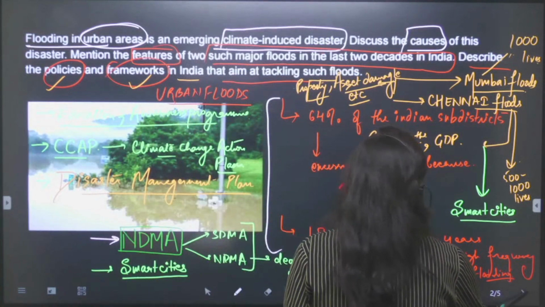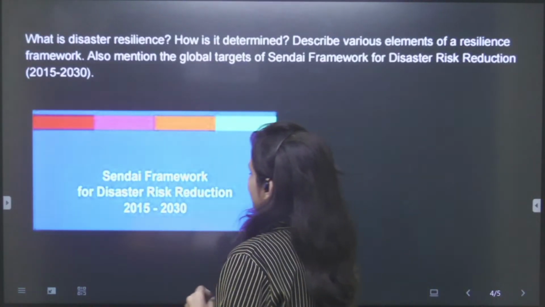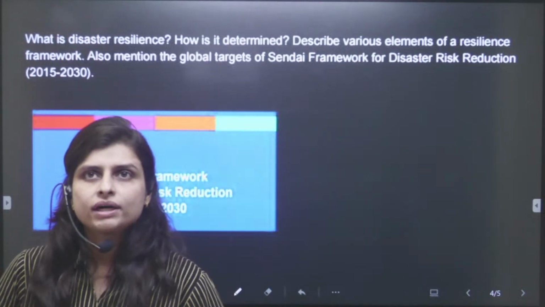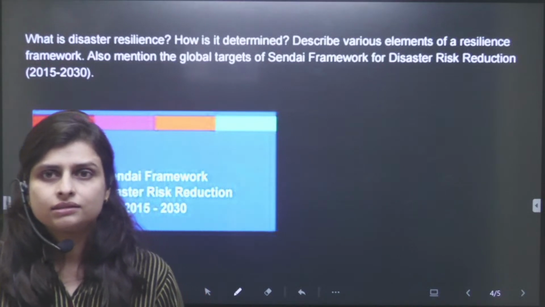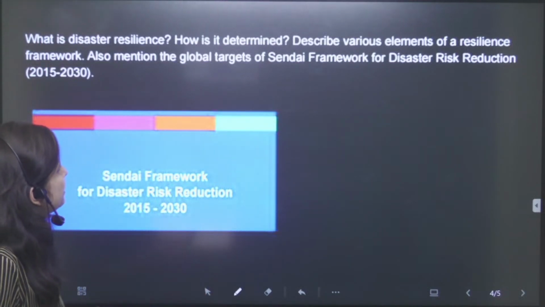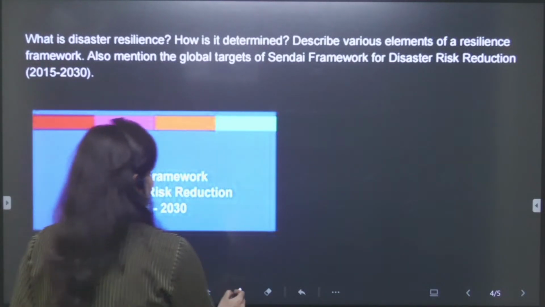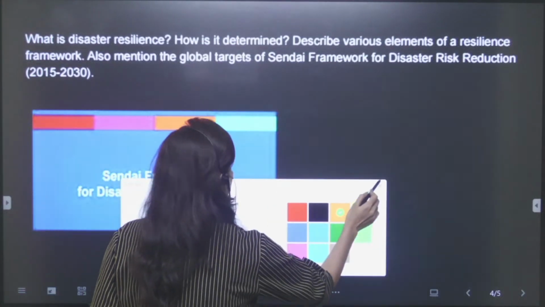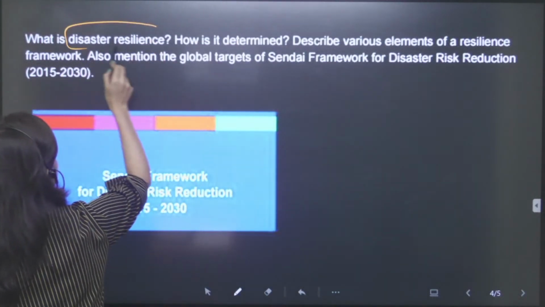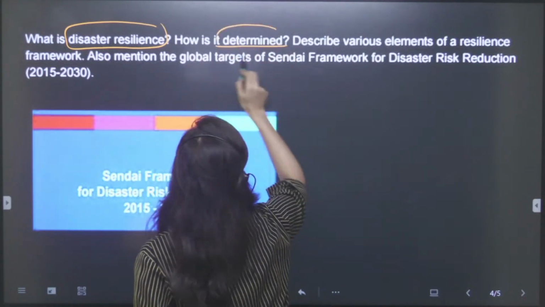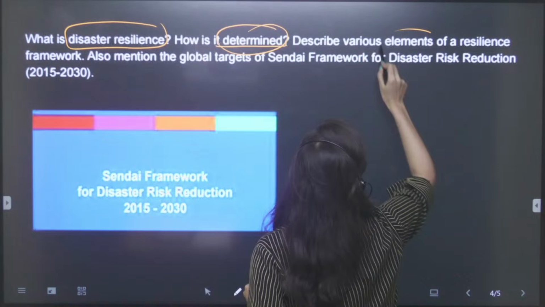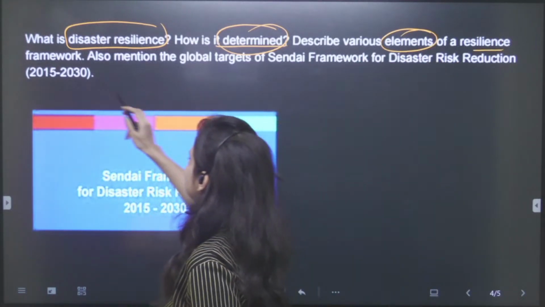Now next we are going to the next question, that is: what is disaster resilience? Right? What is disaster resilience, they asked you. Then how is it determined? So what is disaster resilience? How is it determined? Describe various elements of the resilience framework.